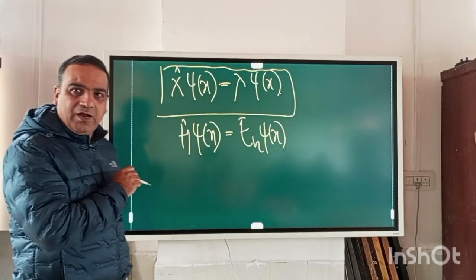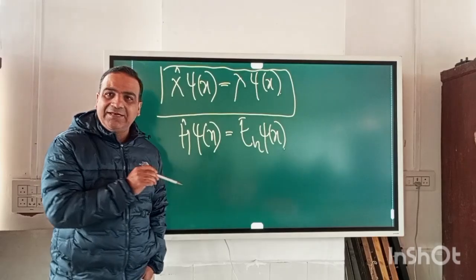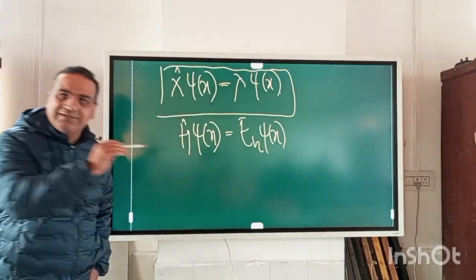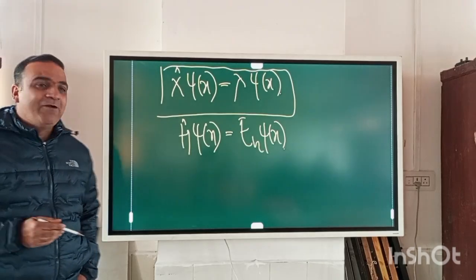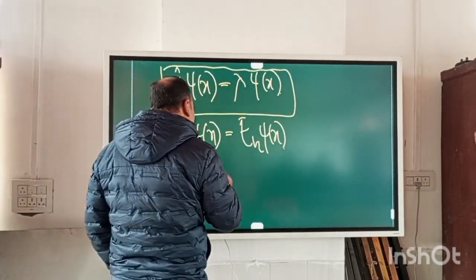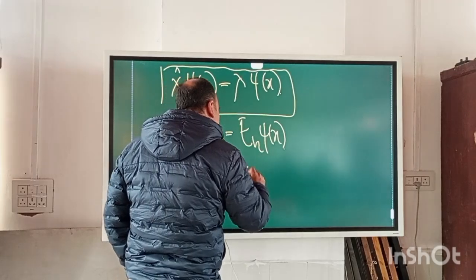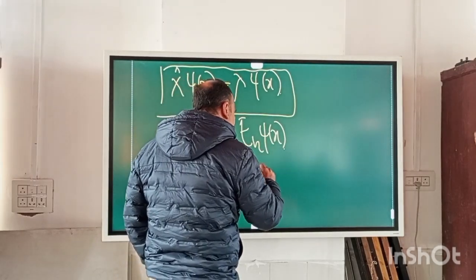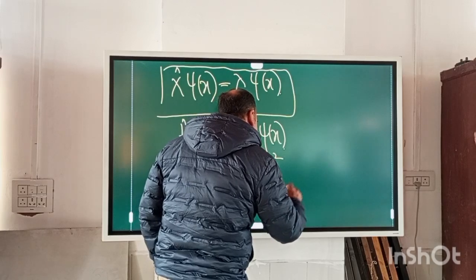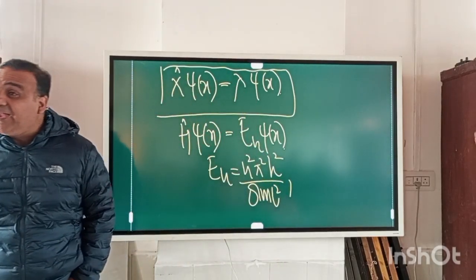H is the Hamiltonian operator and En are the energy eigenvalues. So when we solved this equation, we obtained the energy eigenvalues. You remember what those energy eigenvalues were? It was En equals n squared pi squared h bar squared by 2mL squared. These were your energy eigenvalues.